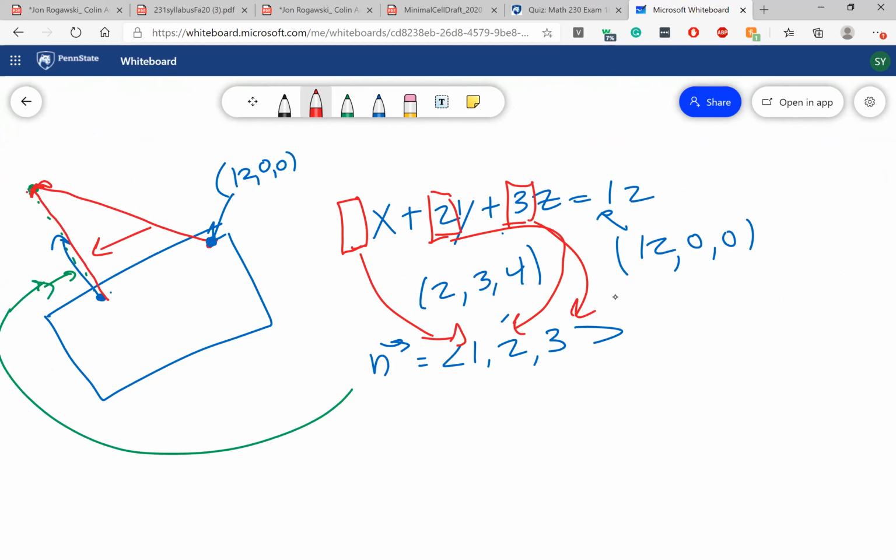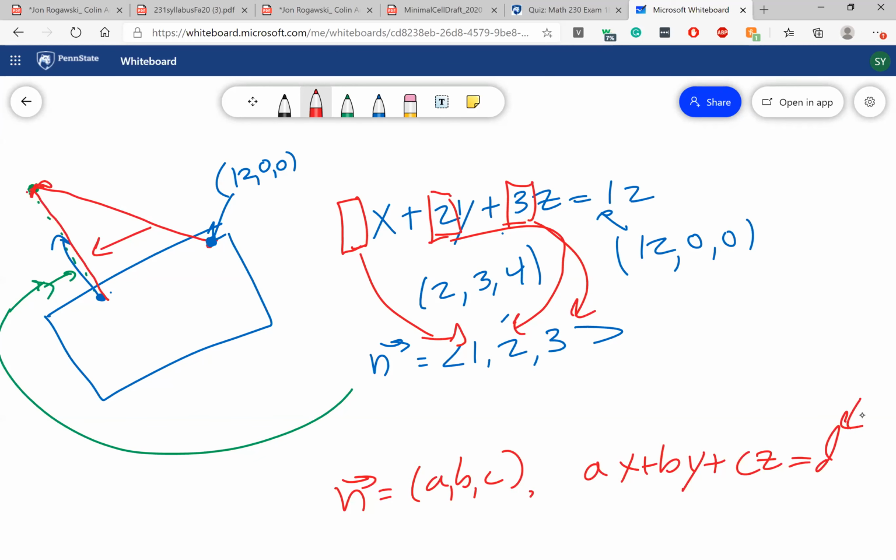So in general, when you have a normal vector a, b, c, then your equation for this plane is going to be ax plus by plus cz is equal to d, some number d. And in order to find d, you just need to know one point on the plane, and you plug that into x, y, and z, and that tells you what d is. That answer your question? Yeah, it does.